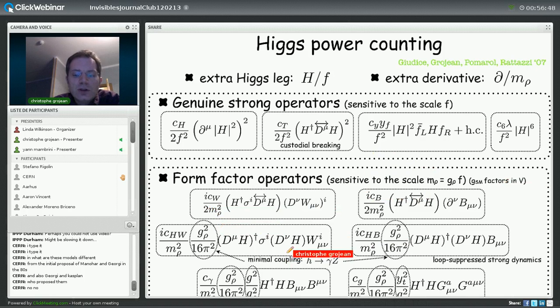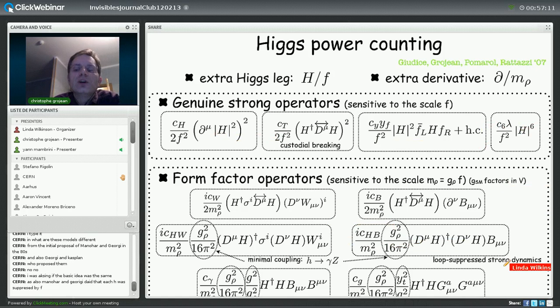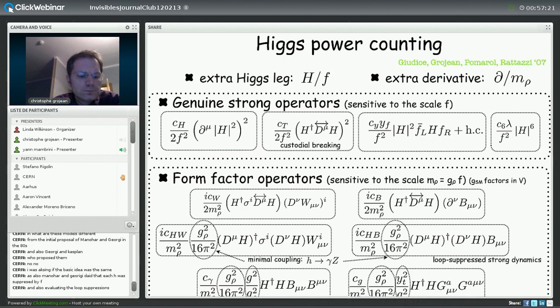Well, here it's really a full classification of the different operators with a particular power counting. And understanding, for instance, that there are those operators that are loop suppressed, because there is minimal coupling, etc. That's something that was not taken into account in the previous analysis. So here, the point was really to identify how many operators are relevant for the physics of the Higgs at the LHC, and which operators are only giving you some correction to the dominant effect.